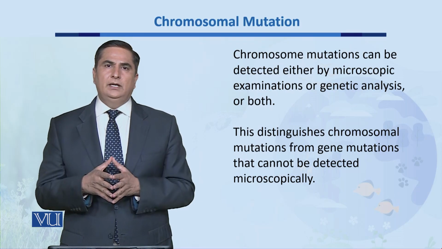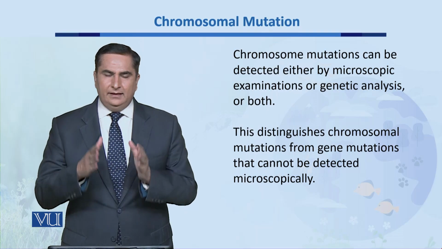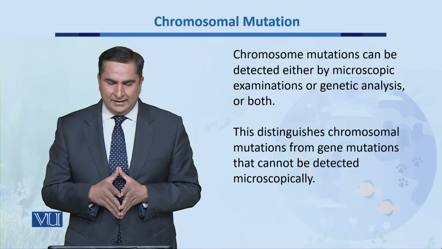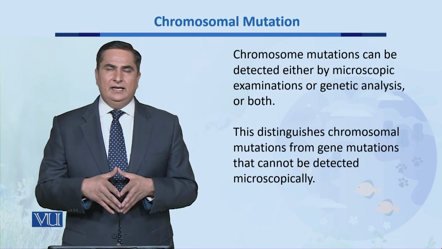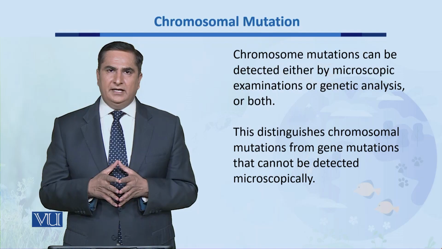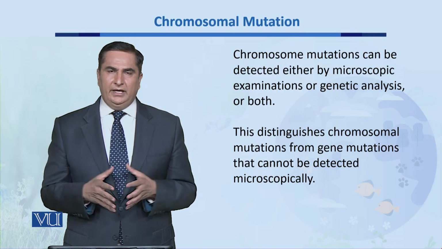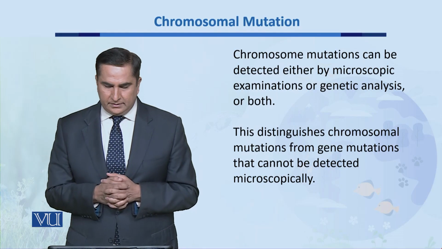Karyotyping was used to determine the normality or abnormality of the chromosomes, while in genetic analysis now sequencing, next generation sequencing, and many other techniques are available which can be combined to study chromosomal mutations.